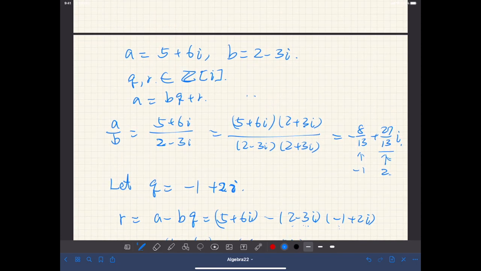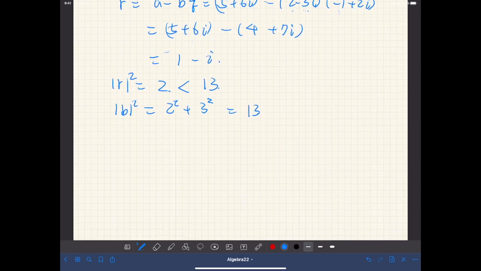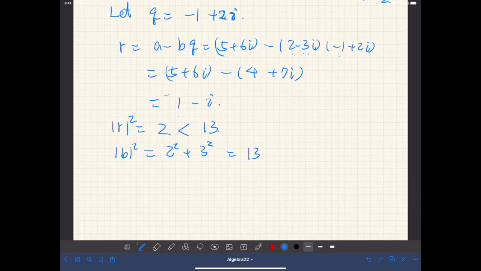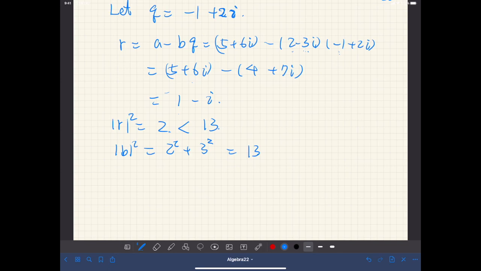Sure enough, we have this form where v of r is less than v of b, and we are done. Let's express the final form: 5 plus 6i is equal to 2 minus 3i times negative 1 plus 2i plus 1 minus i. All of these are Gaussian integers.